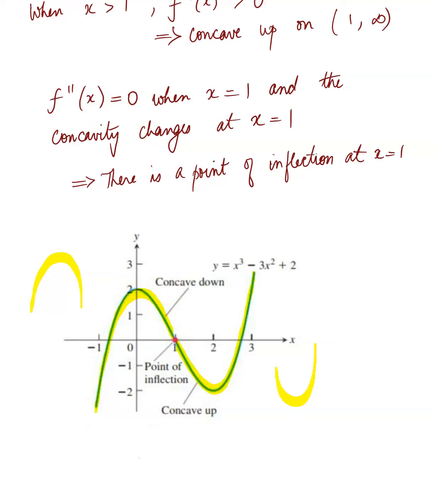In fact, you can find that point when x is equal to 1. Y is 1 cubed minus 3 times 1 squared plus 2. 1 minus 3 plus 2, negative 2 plus 2, which is 0. That's why this coordinate is (1, 0). So you can find the coordinate for the point of inflection.